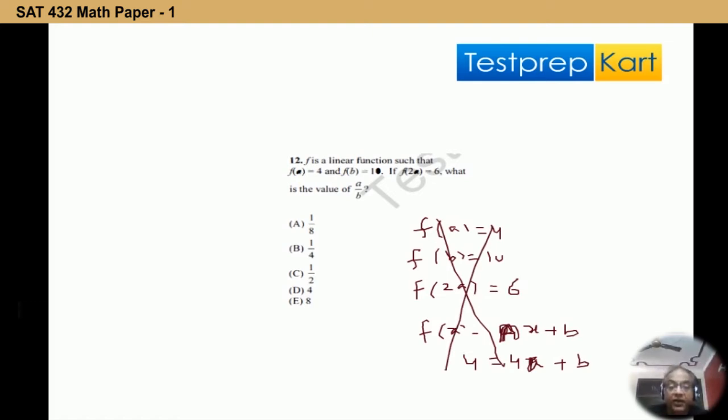If f is a linear function, so that f(a) is equal to 4 and f(b) is equal to 10, and if f(2a) is equal to 6, what is the value of a upon b?